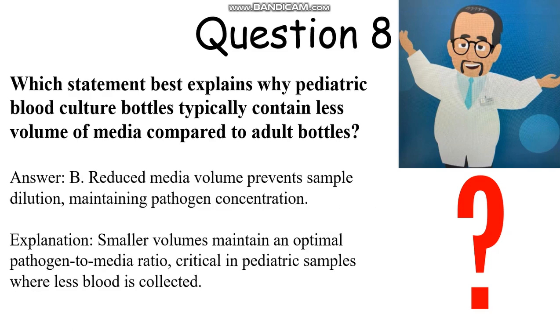The answer is B. Reduced media volume prevents sample dilution, maintaining pathogen concentration, because smaller volume maintains an optimal blood to media ratio, critical in pediatric samples where less blood is collected.